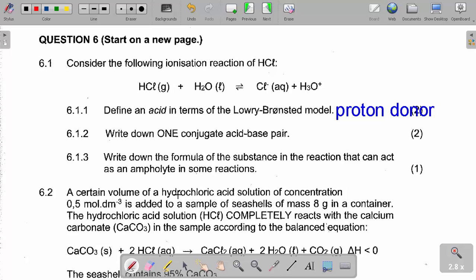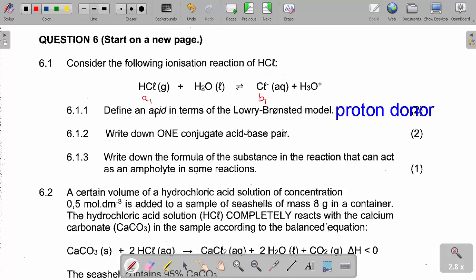Check here, guys. If I look at this HCl, it becomes Cl minus, meaning it has lost a proton. Because it lost a proton, it is my acid A1. After losing the proton, it becomes the conjugate base, B1. Did you hear that?